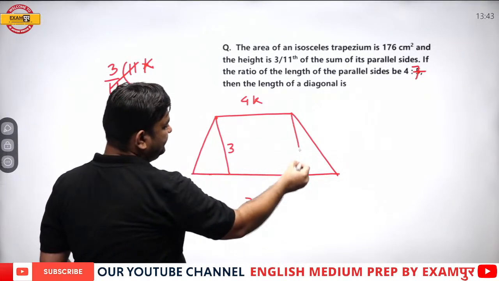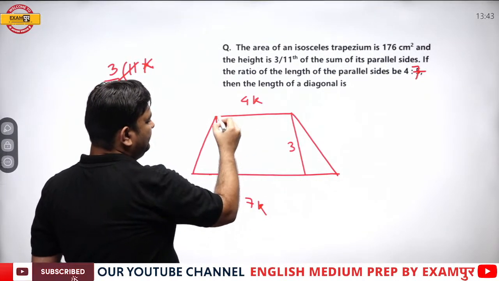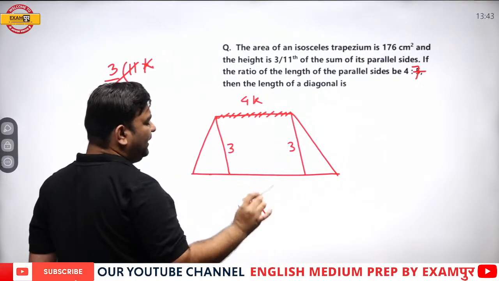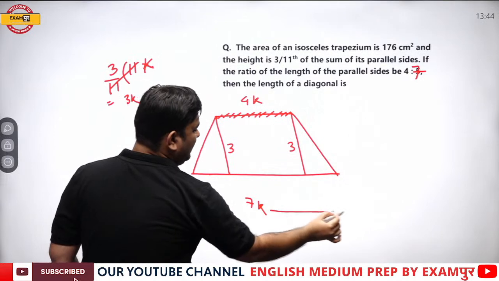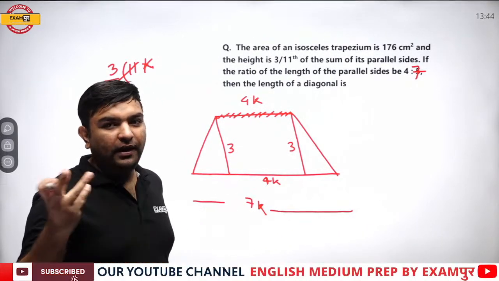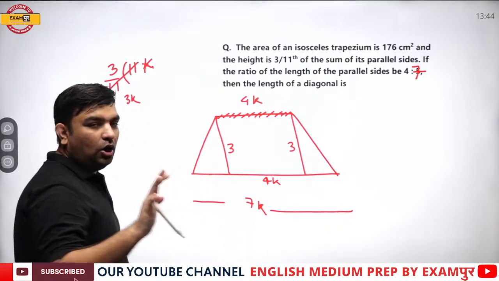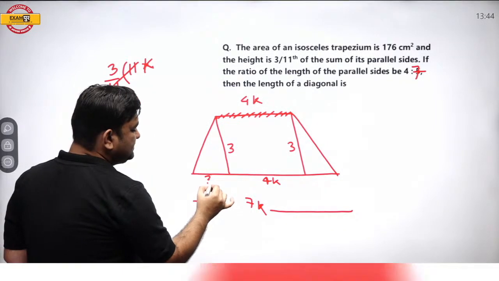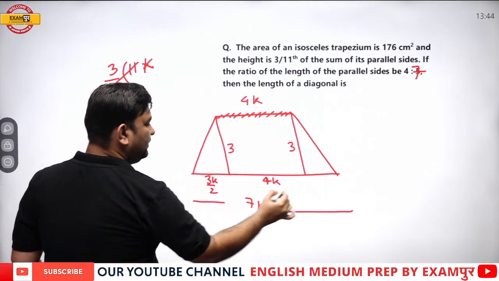This is also 3K. If this distance is 4K and the total is 7K, this is also going to be 4K. How much is remaining after 4K? 3K. Divide into 2 equal parts: 3K by 2, 3K by 2.